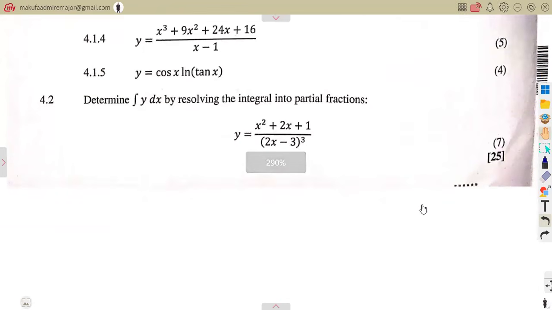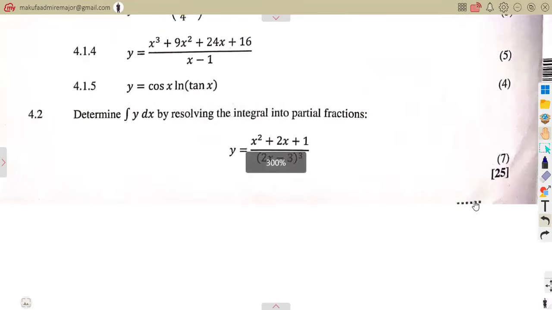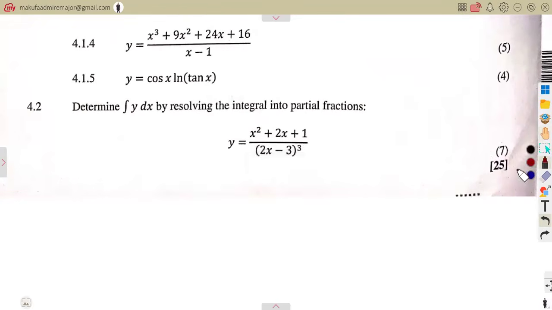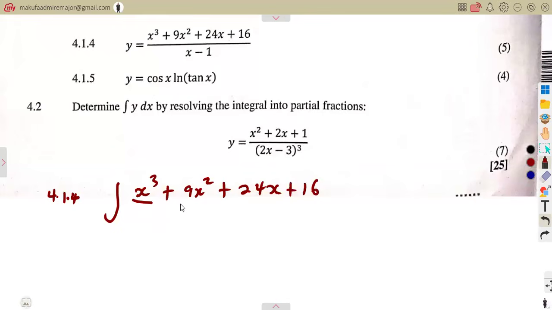Then on 4.14, again, we are given to integrate, and we are given a fraction there. So that's the integral of x cubed plus 9x squared plus 24x plus 16 like this, everything over x minus 1 with respect to x.